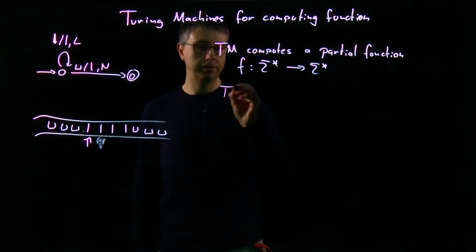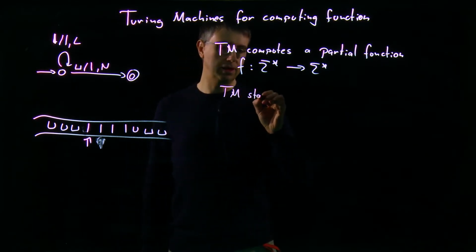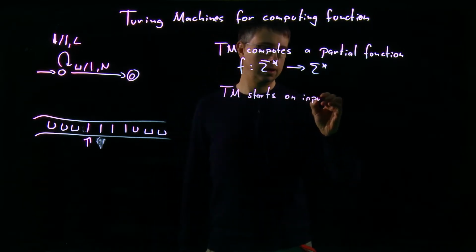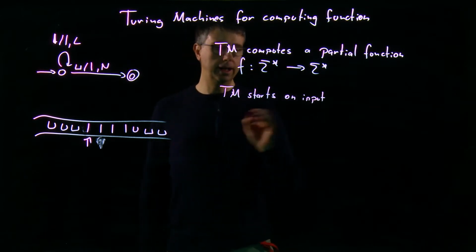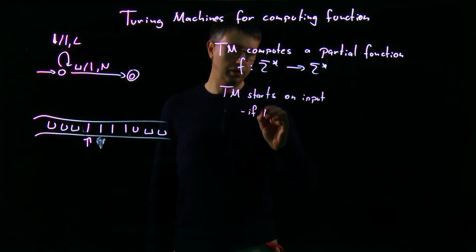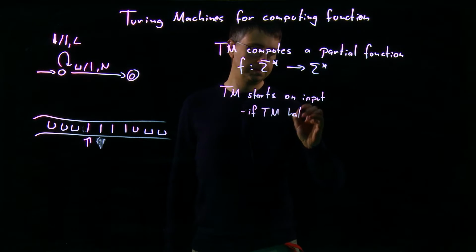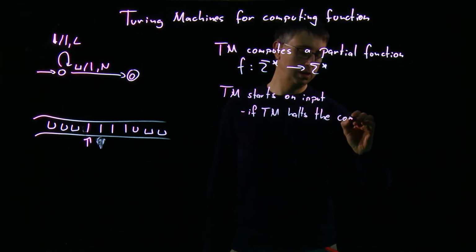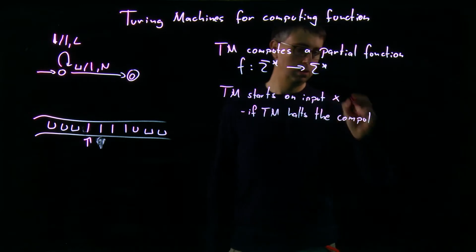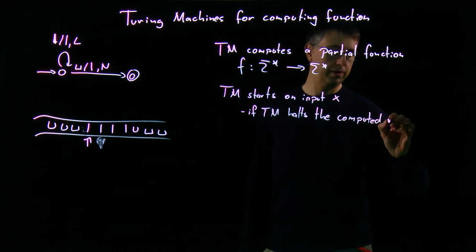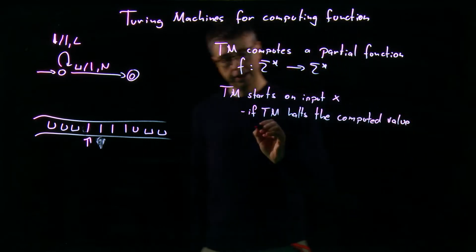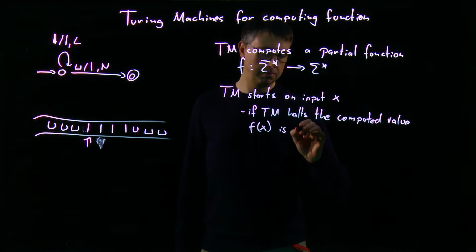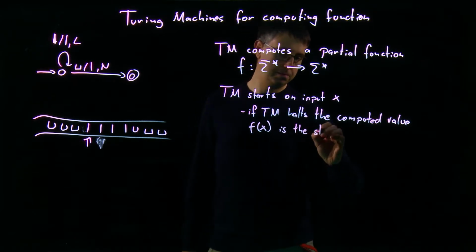So the Turing machine starts on input x. If the Turing machine halts, the computed value, which would be f of x, is the string on the tape.